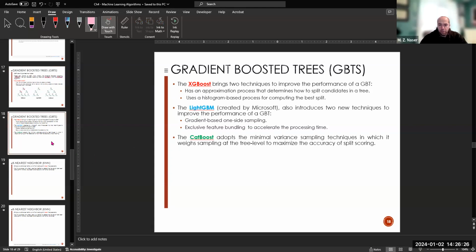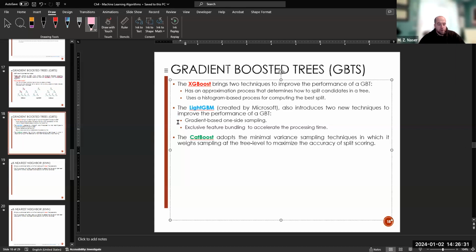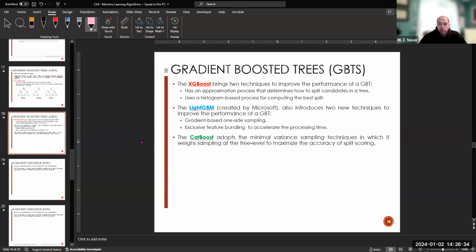For instance, if you think about XGBoost, it includes a few techniques to improve its performance. So we have an approximation process, a histogram process to compute. LightGBM or LGBM is by Microsoft. It could be a little bit faster than XGBoost, but it has an internal feature bundling option to accelerate processing time. It's fast, and it's gradient based sampling.